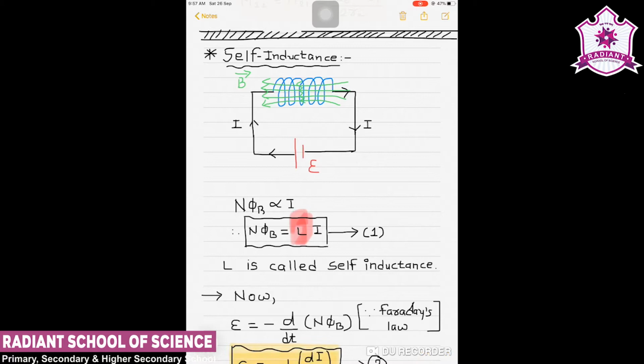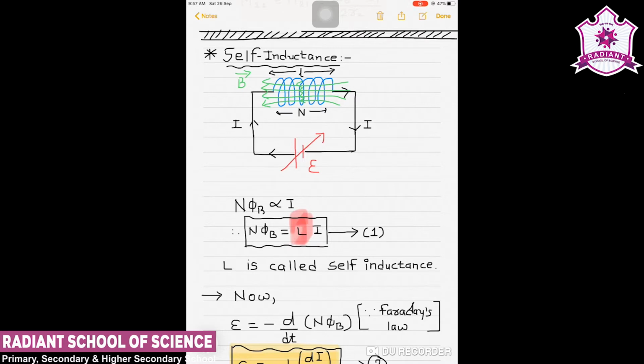Now focus on the figure shown here. We consider a variable battery connected with a coil. We consider the length of the coil to be small l, with a total of n turns in the coil.